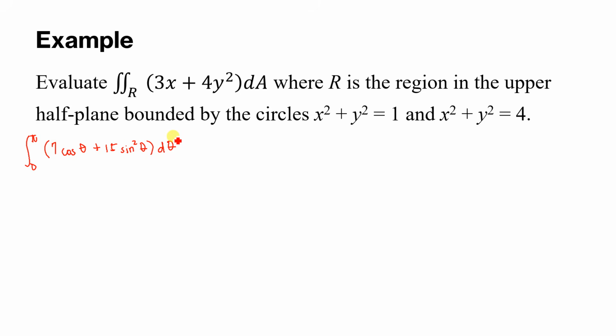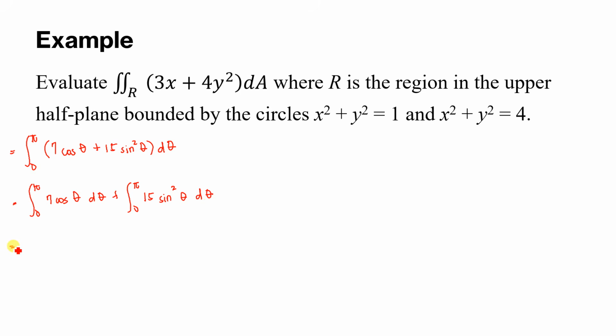So in this case, we can separate. So you have the integral from 0 to pi of 7 cosine theta d theta plus the integral from 0 to pi of 15 sine squared theta d theta.